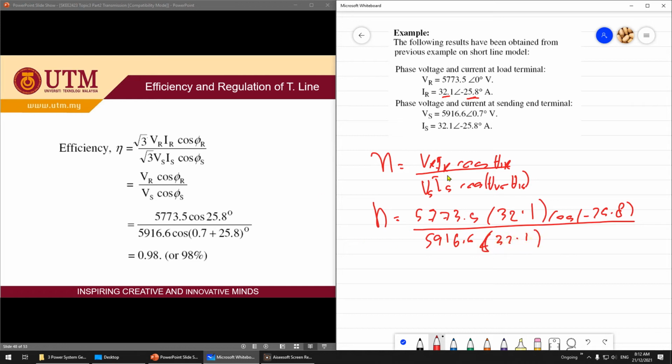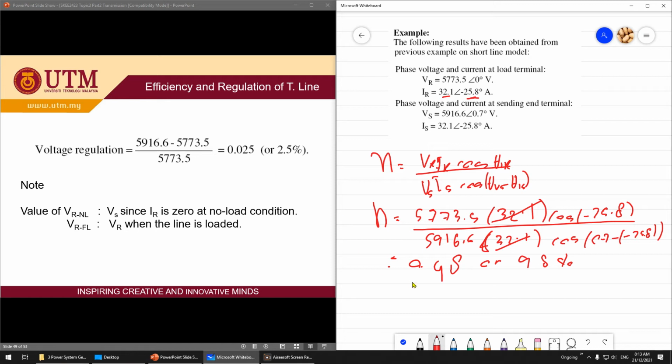That's why here we don't see this, because you can cancel it. Cos theta is 0.7 minus 25.8, so make sure you use the minus and minus. If you calculate this, you get 0.98 or 98%. That is how you calculate the efficiency. It's quite simple.